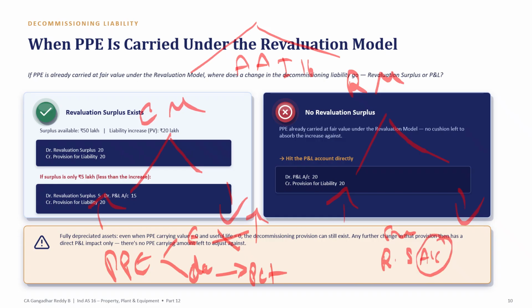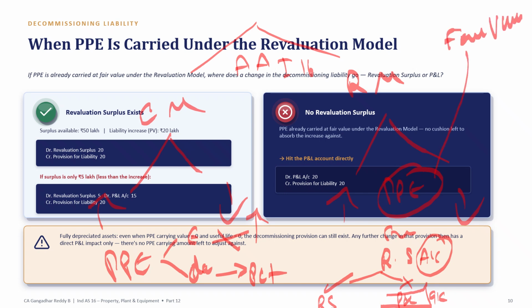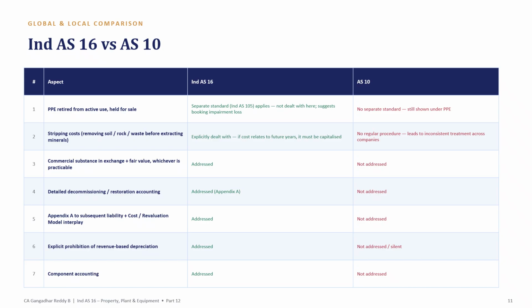If the revaluation surplus is sufficient to account for this liability, you directly give that liability increase to the revaluation surplus account. If it is not sufficient, the balance goes to the P&L account, because you should not involve PPE in the revaluation model, as it is already valued at fair value or market value. I hope you understand this.